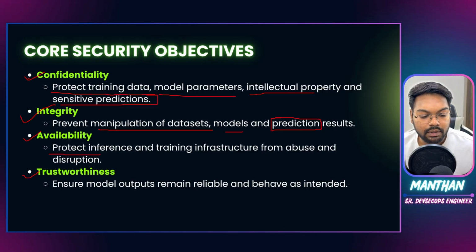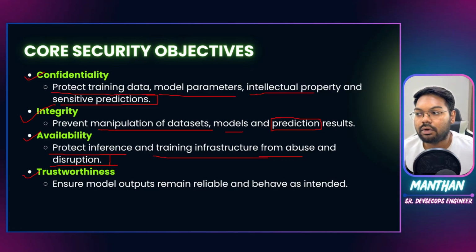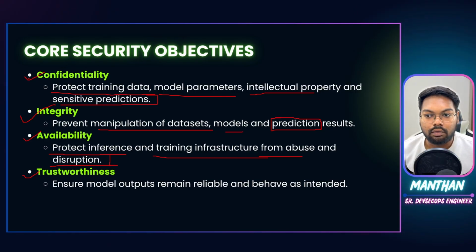And then availability is to protect inference and training infrastructure from abuse and disruption. Disruption means if someone floods your model with tons of requests, then it could get overloaded with a bunch of fake requests.